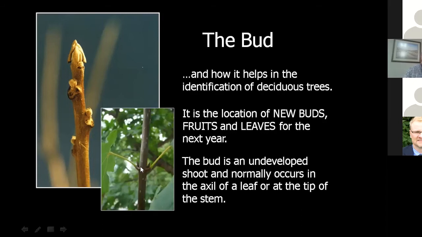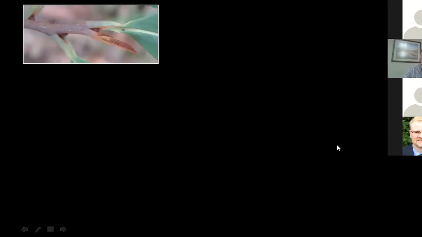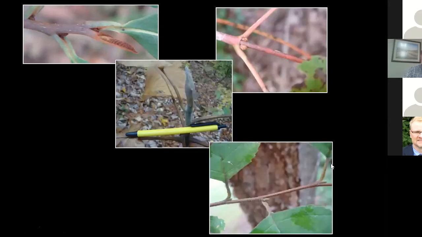We're talking about these 2 things right here, and they normally occur between the stem and where the leaf goes out. So this is the bud, this is the stem, and this is the petiole on the leaf. And understanding this part of it, you're understanding a good percentage of how to identify a deciduous tree. So we're going to move from the bud and go back to the arrangement. Oh, I have another collage of trees here, and I wanted to show you buds.